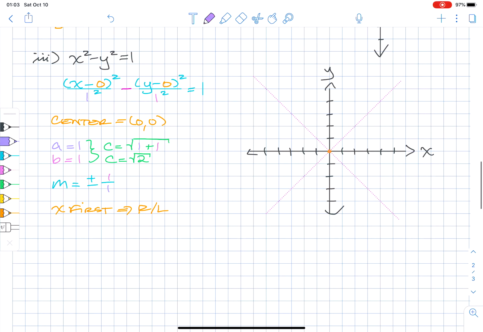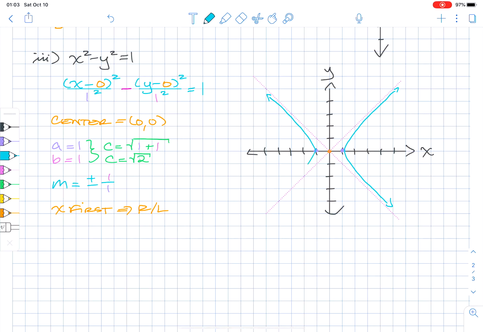We know that it opens right left, so I'm going to use A with a radius of 1 on either side to the right and left of the center. And I now open towards the asymptotes. Okay, we try to open towards the asymptotes.